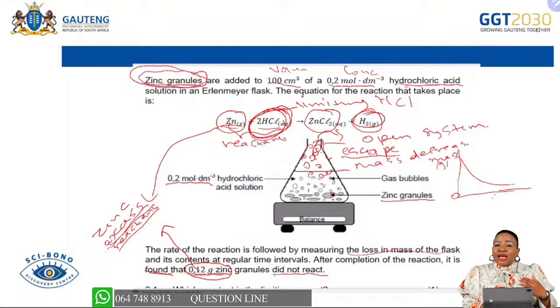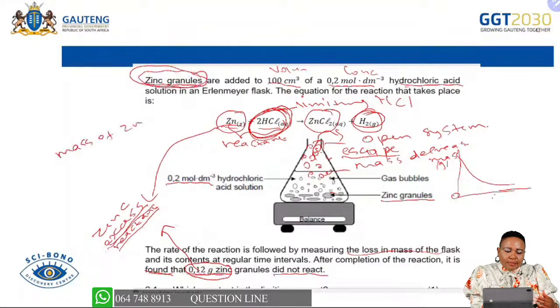So you need to interpret this to say it means we must find the mass of zinc used and add the 0.12, which is our excess, in order to find the initial mass of zinc in the reaction.